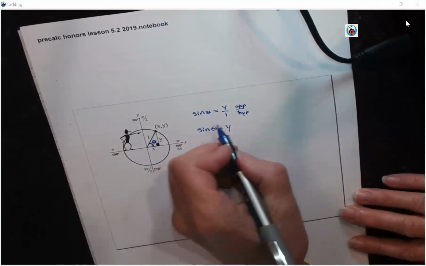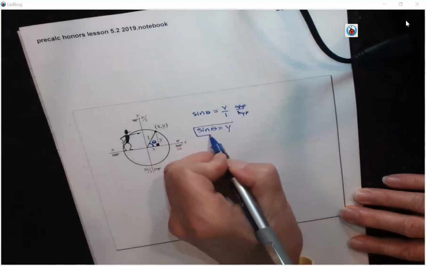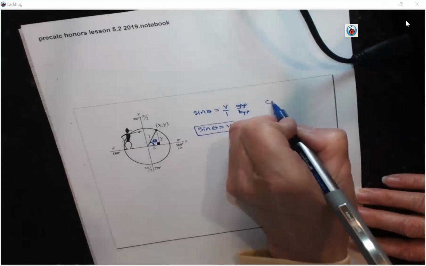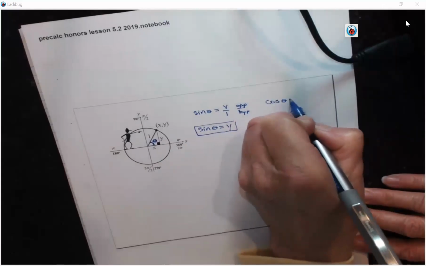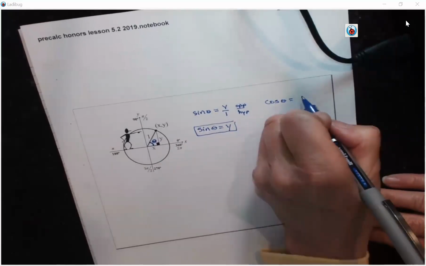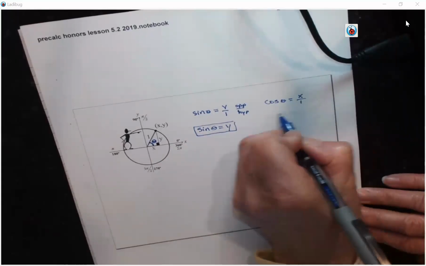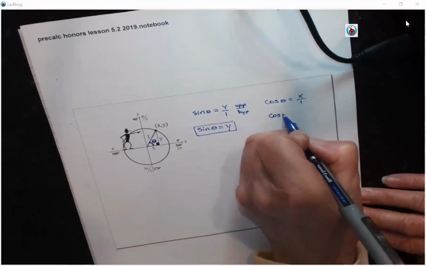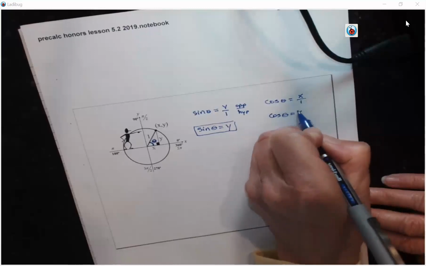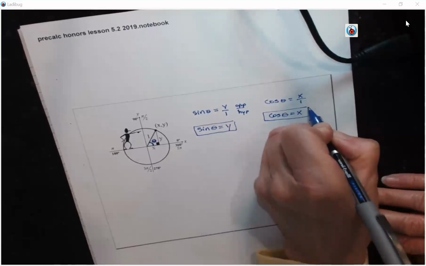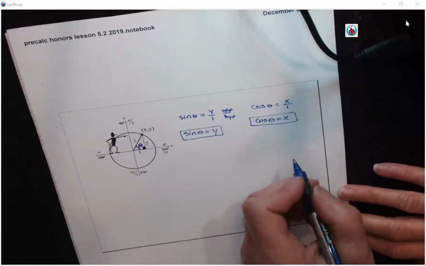If we look at cosine of theta, remember that's adjacent over hypotenuse, so that's going to give us x over 1, or simply that the cosine of theta is equal to x. And again, this only holds true on the unit circle.